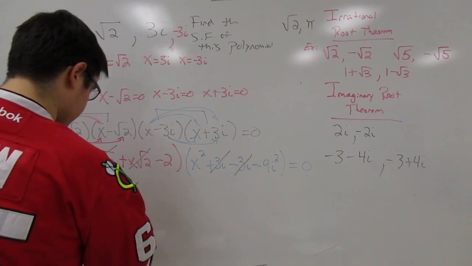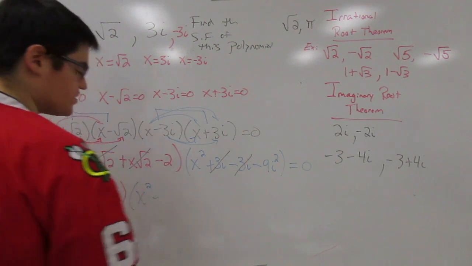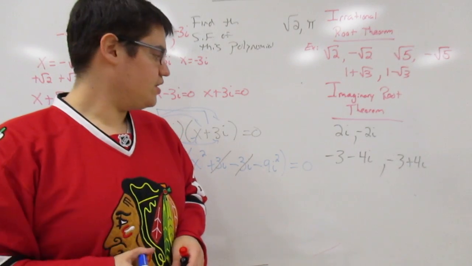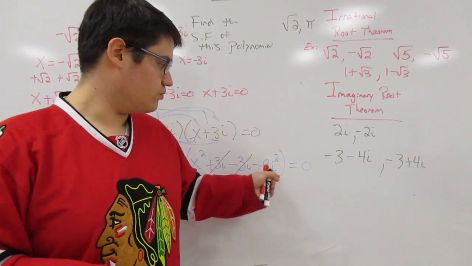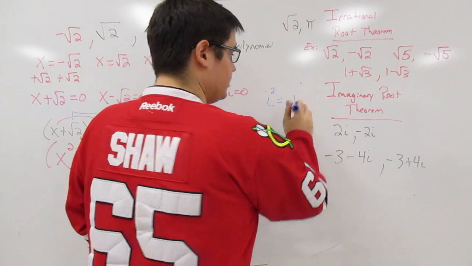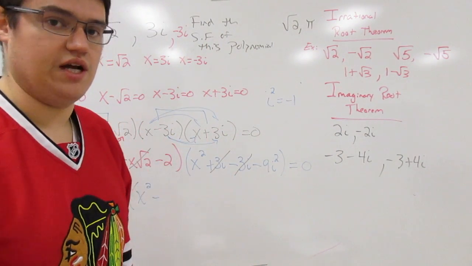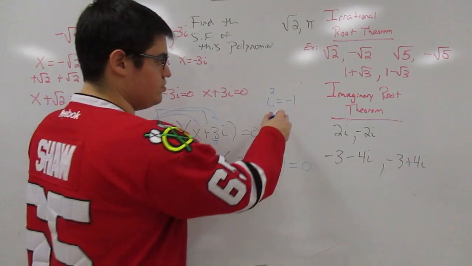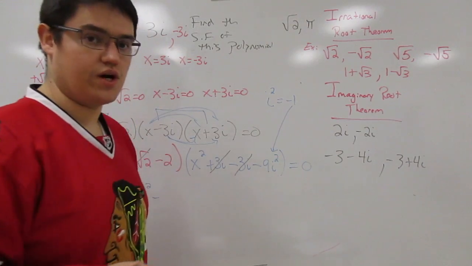times x squared minus 9i squared. One thing we remember from the previous lessons, i squared equals negative 1. If you need help with that, look back at the previous videos. So we're going to make this substitution for i squared there.